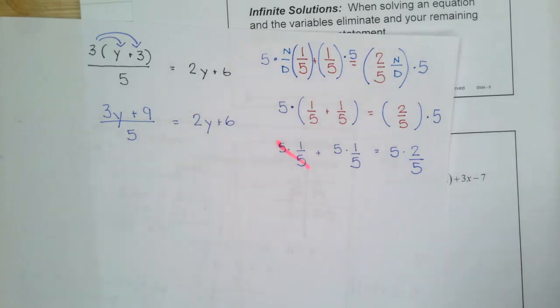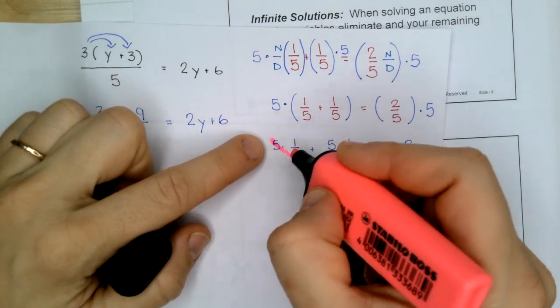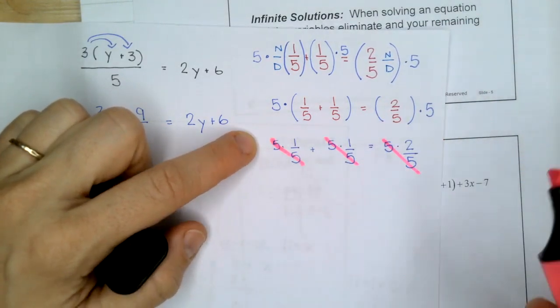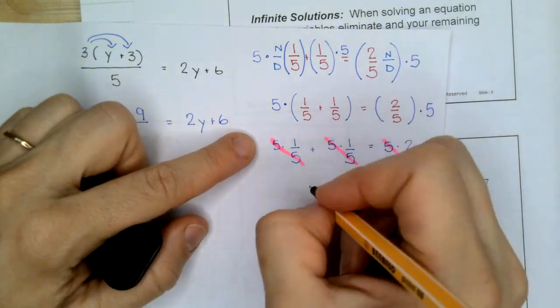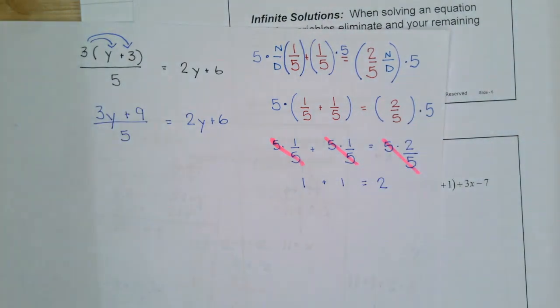Good? So if I have the same term in the top of my fraction and the bottom of my fraction, they cancel out. And what I'm left with is 1 plus 1 is 2. It's true, right? So that's what we're doing.